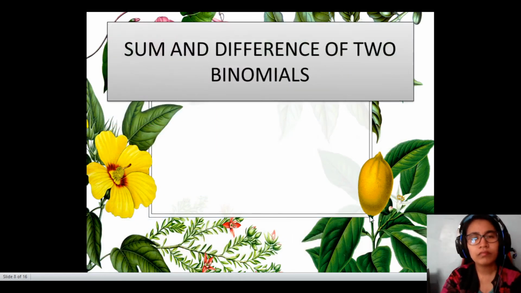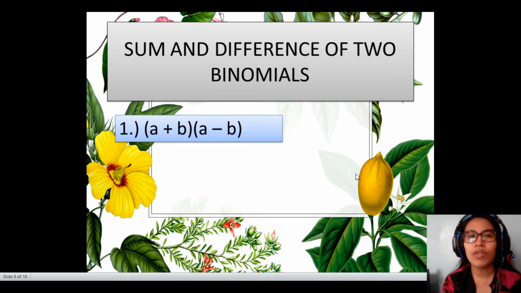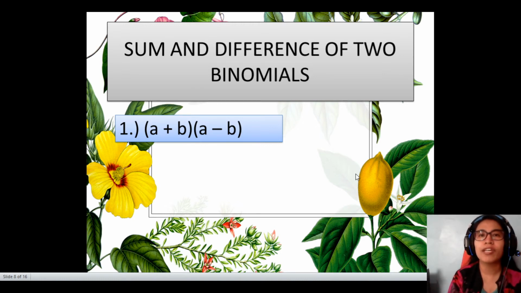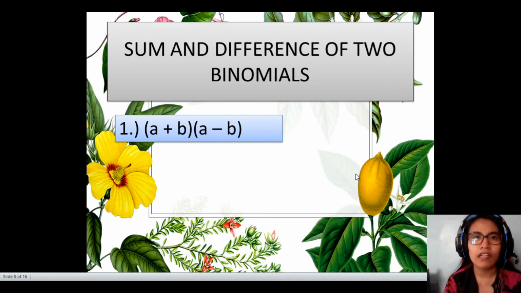Next, let us move on to sum and difference of two terms or two binomials. Okay, when we have sum and difference of two binomials, we can just multiply the first term to first term, last term to last term, then that will be your final answer. So this is the easiest special product.